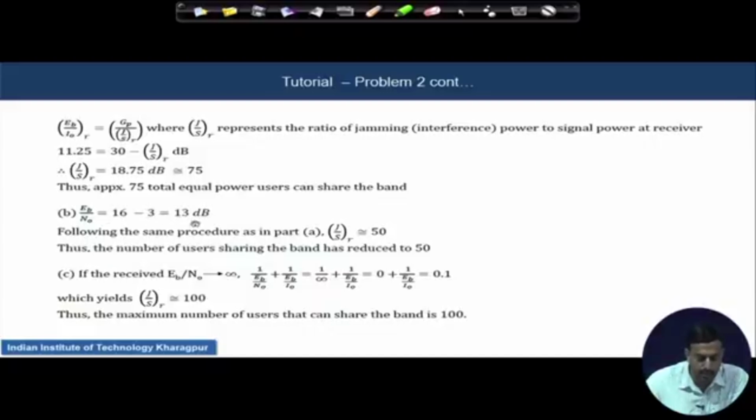So the new Eb by N naught ratio is 13 dB. So you can proceed with a similar analysis in order to prove that the jammer to signal ratio now reduces, and so the number of users that can be supported also reduces. This is because of the reduction in the transmit power of the signal.